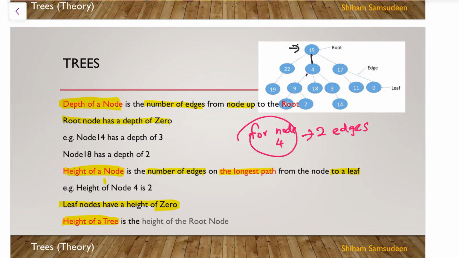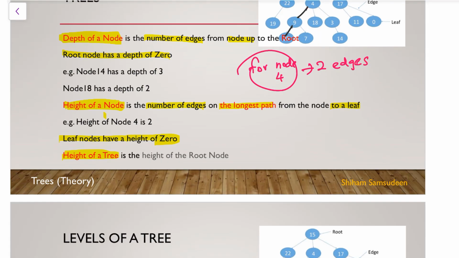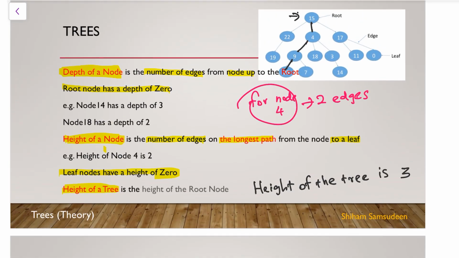So here 1, 2, 3. So in any case the maximum is 3 to the leaf node. So because of that the height of this tree is 3.